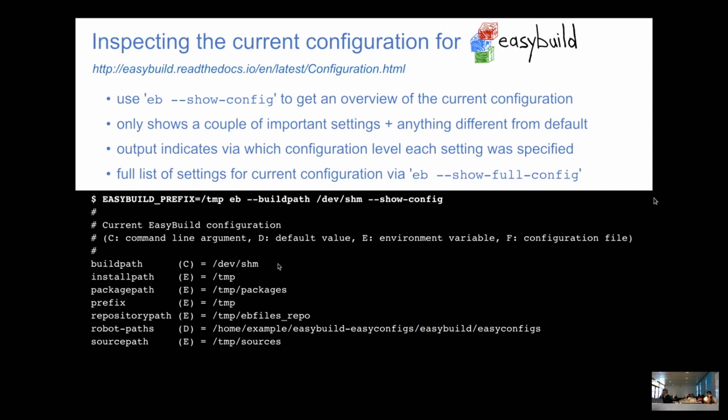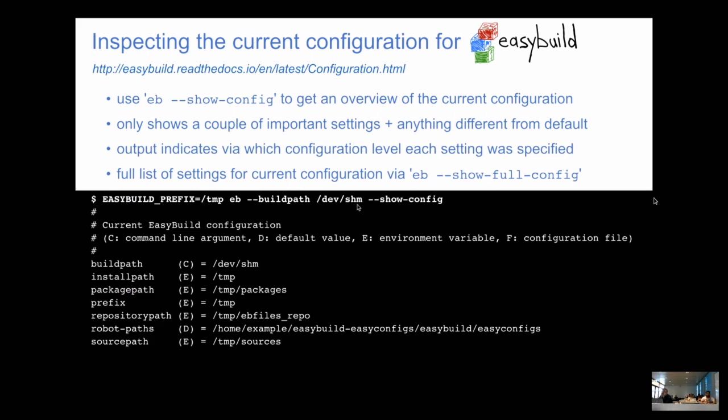It will always show these, and it will also show anything you have customized on top of the default. Anything that's different from the default configuration will show. And if you want to get the full list of configuration options, you can use show full config, but this will be quite long and big. So you probably don't want to always use this. The example output here shows you the setting of one environment variable that specifies the prefix /tmp.